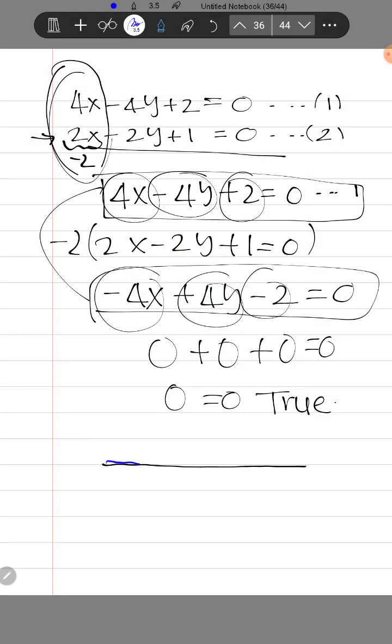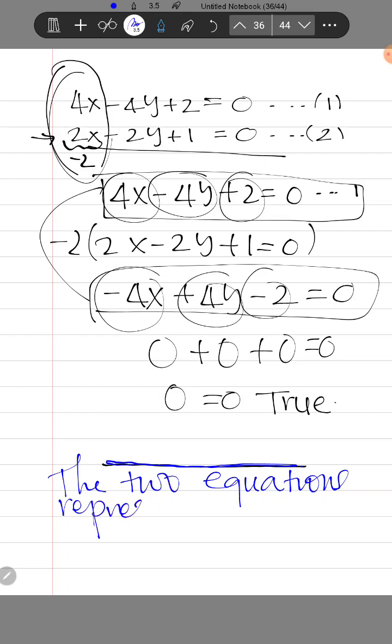The second graph is this one here. What does it mean? It means these two equations represent the same graph.